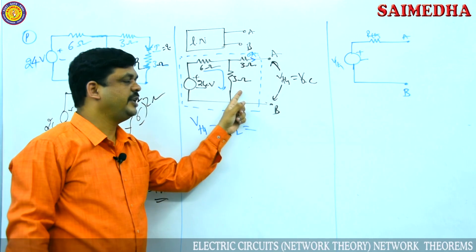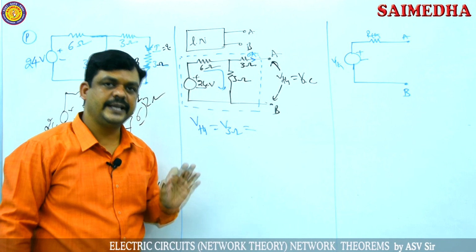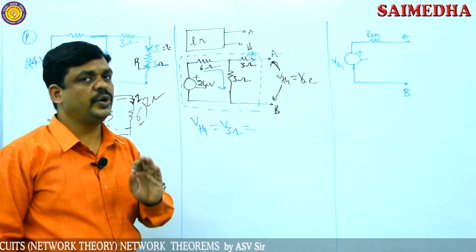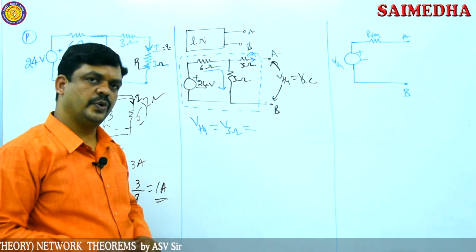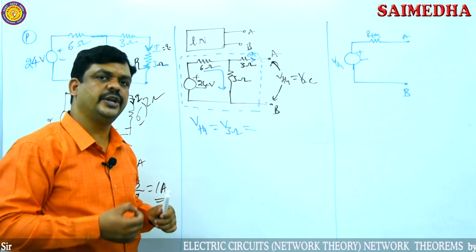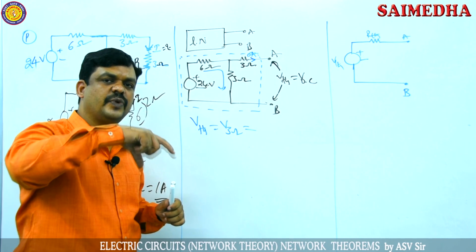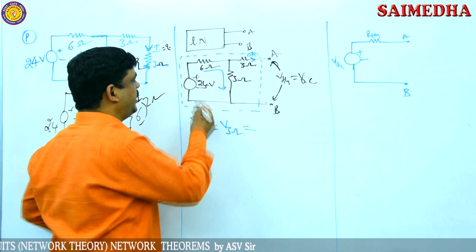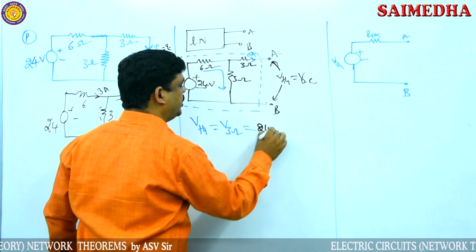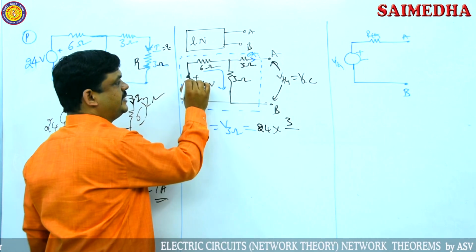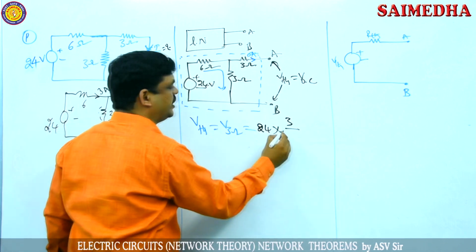Then we take directly the voltage across the 3 ohms resistor. The 6 ohms resistor and 3 ohms resistor are connected in series, and we want the voltage across one resistor, so apply the voltage division theorem immediately. When any two elements are connected in series combination, to find the voltage across one element, the voltage division theorem is used. According to the voltage division theorem, it is total voltage into the same resistance divided by the sum of the two resistances, because the current flows through these two resistors, that is 9.